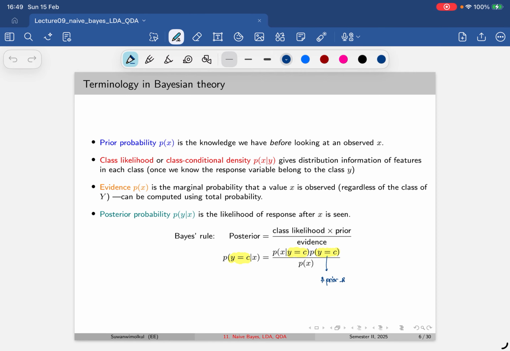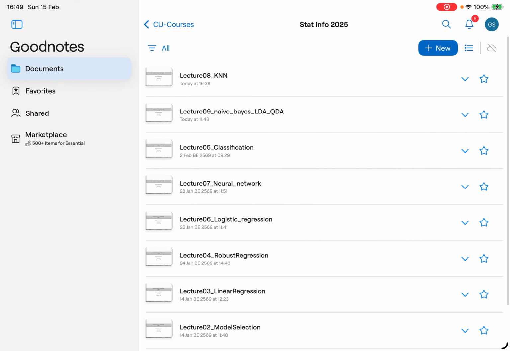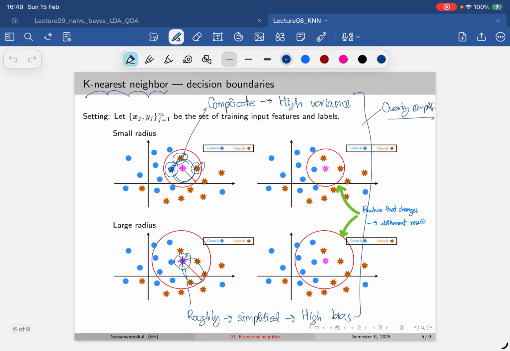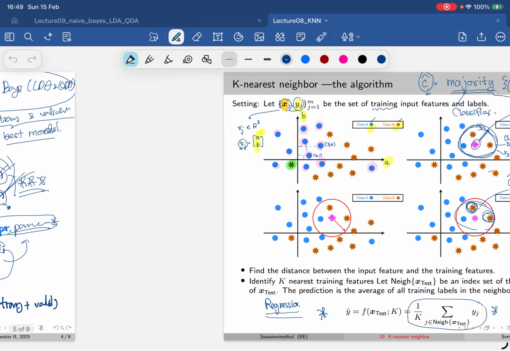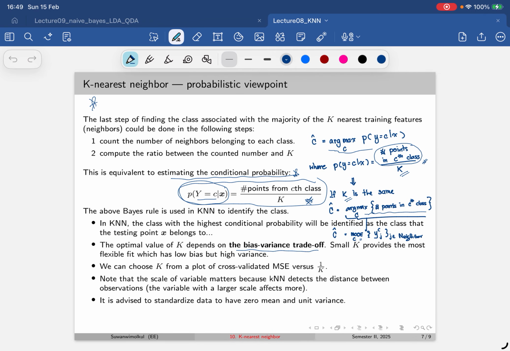Actually, as we've seen before when we did the lecture on K-nearest neighbor, something that I actually forgot to mention is that in K-nearest neighbor, you're finding the class by maximizing the probability of y equal to c given x, right?